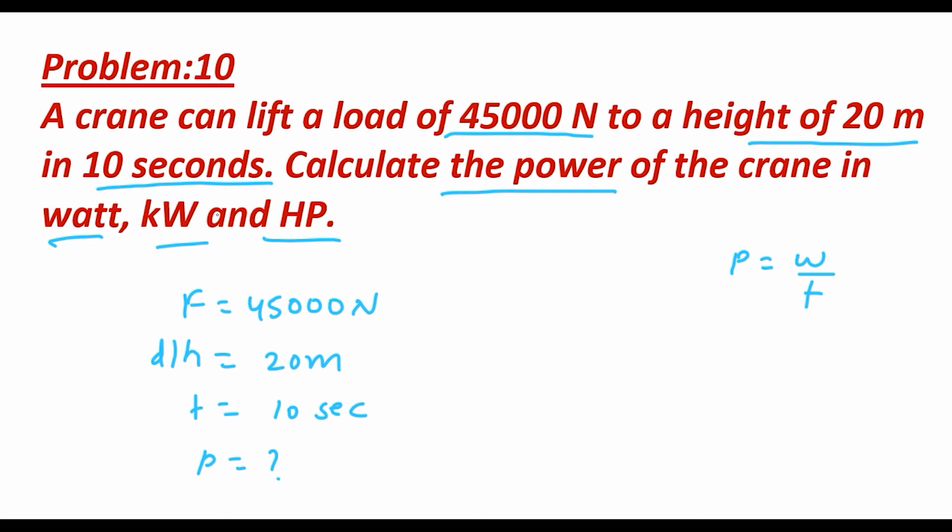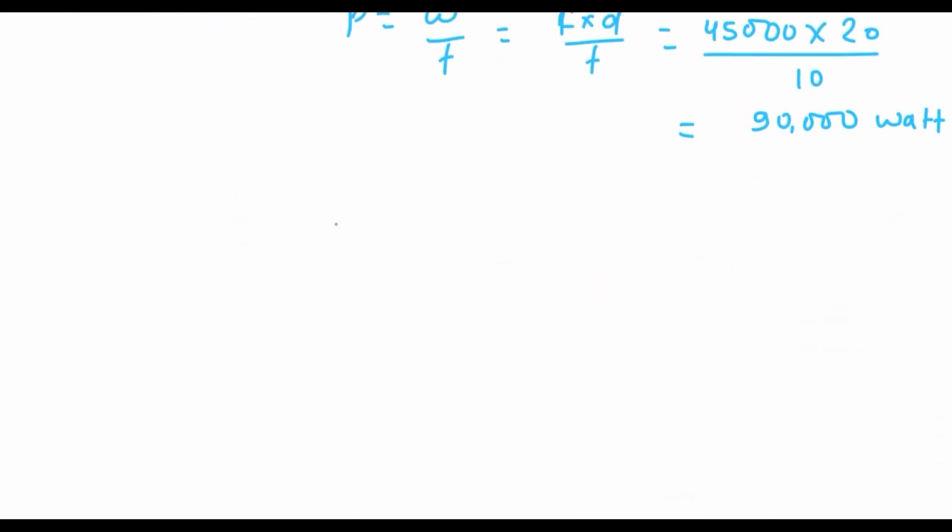But we have to find the power in kilowatt also and horsepower also. So in the next case we have to find the power in kilowatt. We know that 1 watt means 10 to the power minus 3 kilowatt. Here power is given, 90,000 watt, so we have to change watt to kilowatt.